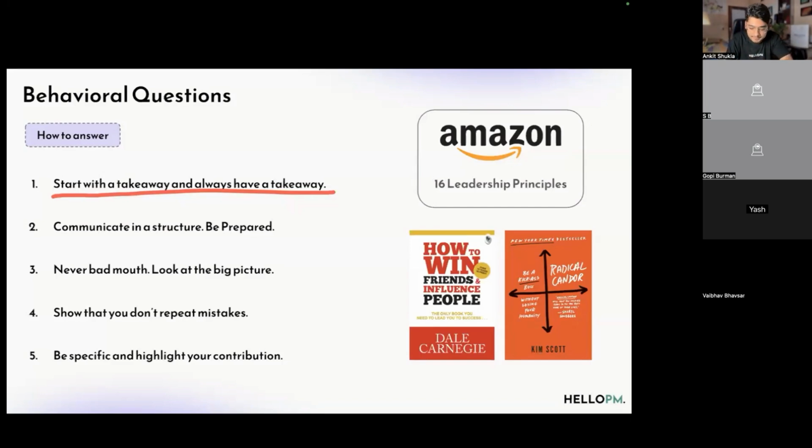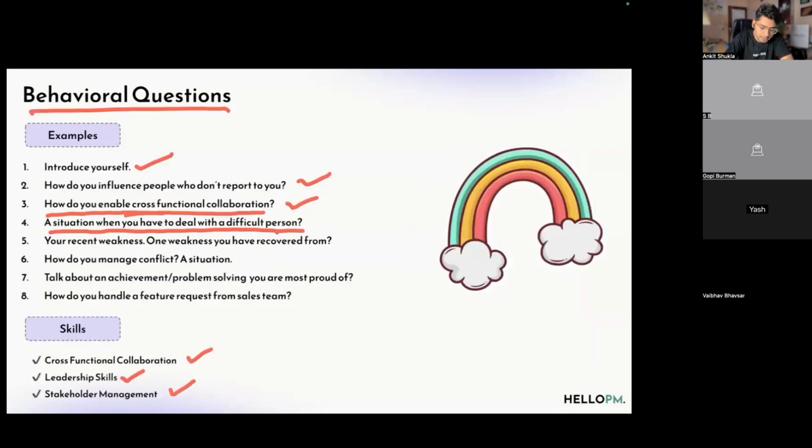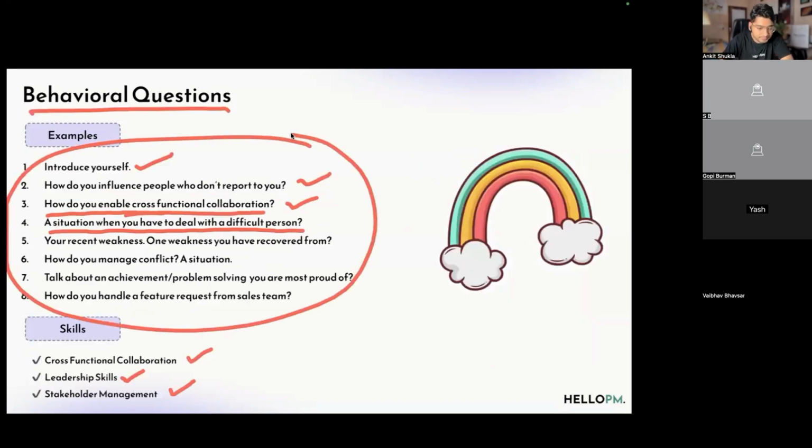The second thing is communicate in a structured manner. Be prepared. Understand, guys? These questions that I'm giving you are the most common questions. I have seen people who fumble while introducing themselves. If you know that these are going to be 100% asked in an interview, why don't you prepare for them in advance?